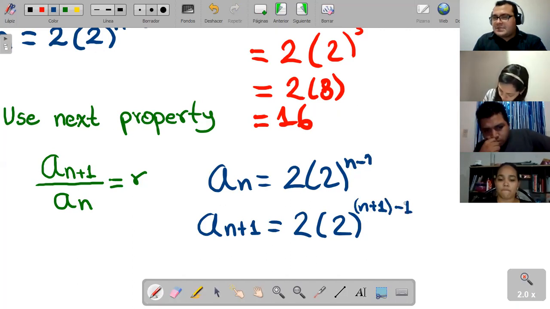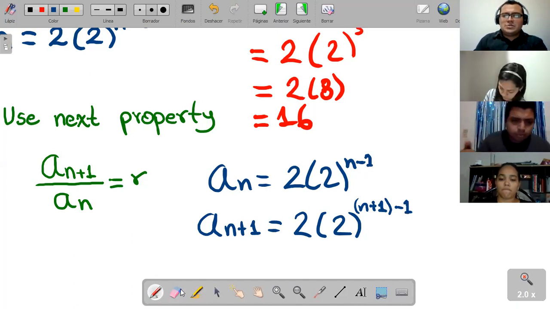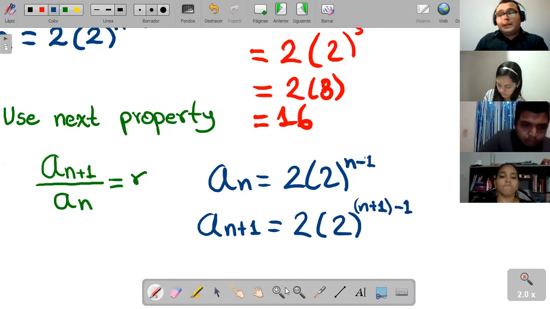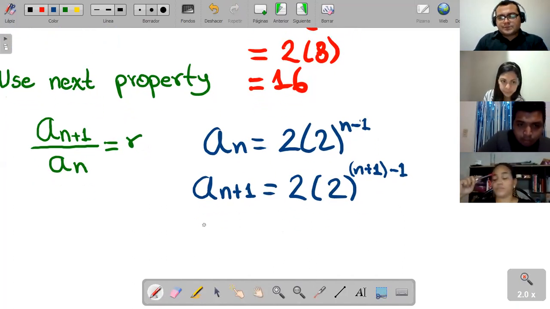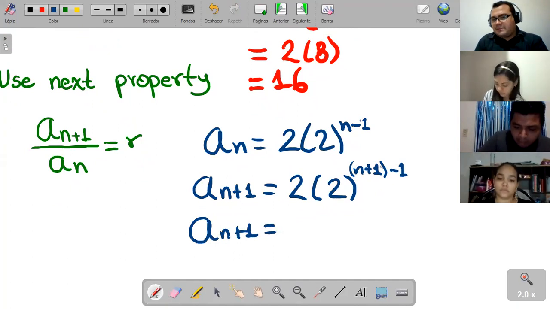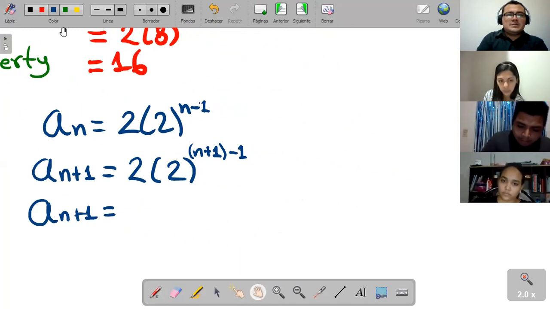I want you to focus on some of the principles that you were using or mentioning in the investigation you did to participate in the last forum. Same idea here, I'm just applying those principles. So a sub n plus 1, developing this a little bit, we can solve this part apart if you want.